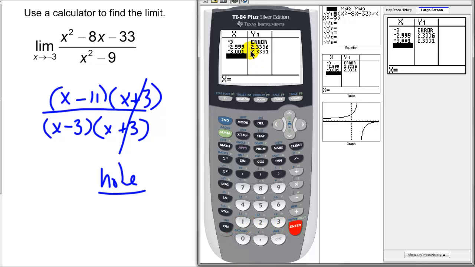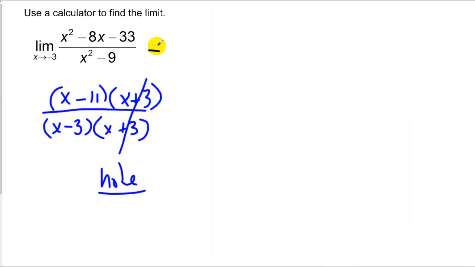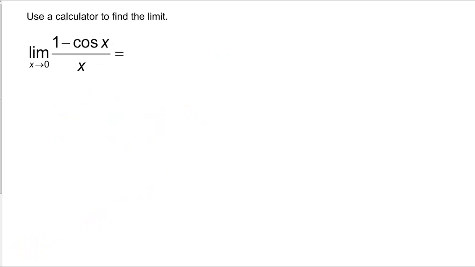And once again, I'm very, very close to 2.333. So we would state that our value in this case is 2.333.